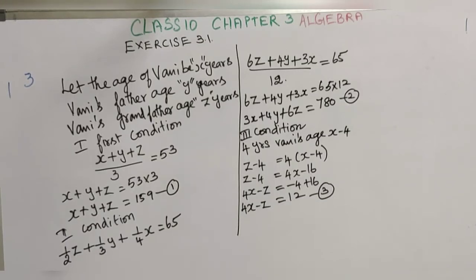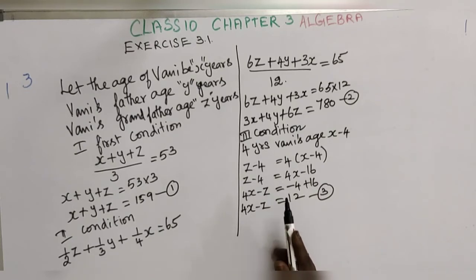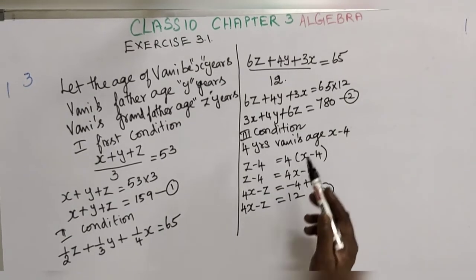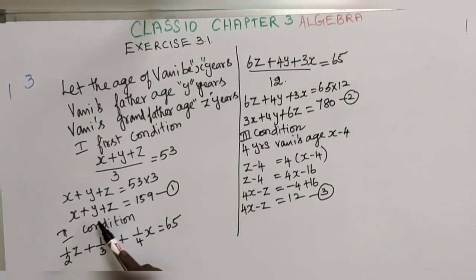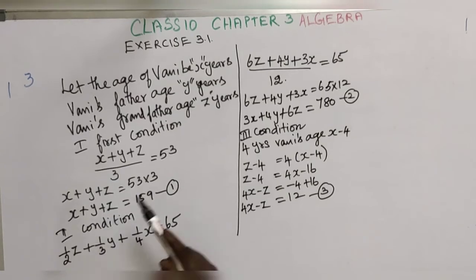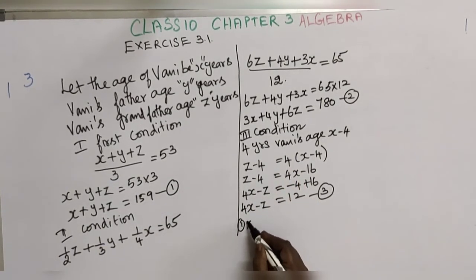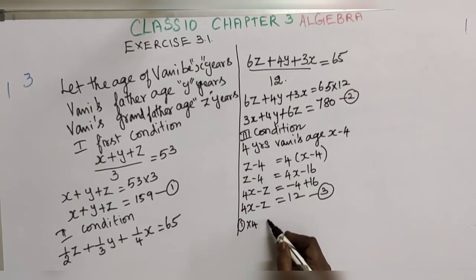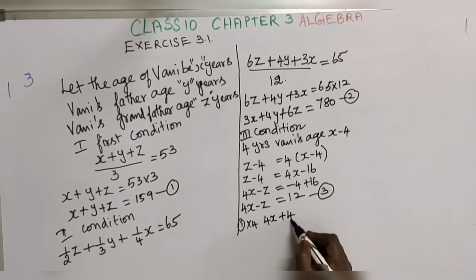Now solving 1 and 2. Here in the third equation there is no y term, so we have to eliminate y from 1 and 2. The coefficient of y is 1 here and 4 there, so we multiply the first equation by 4. Each and every term must be multiplied by 4.